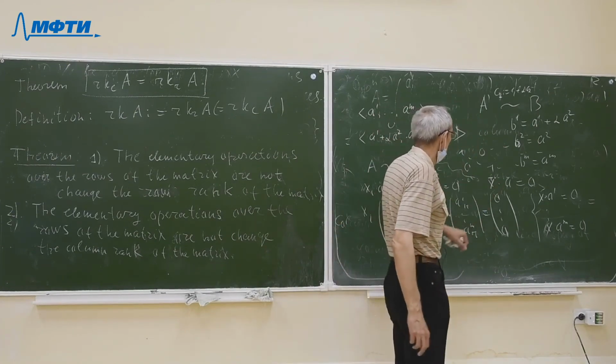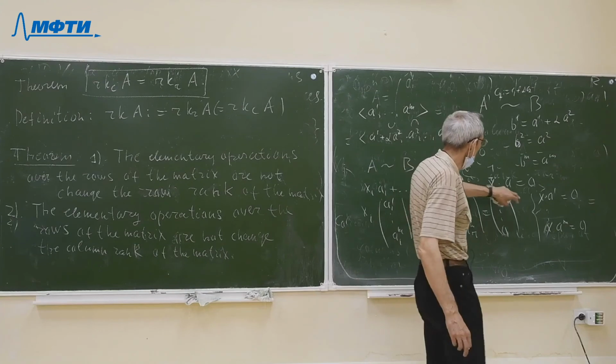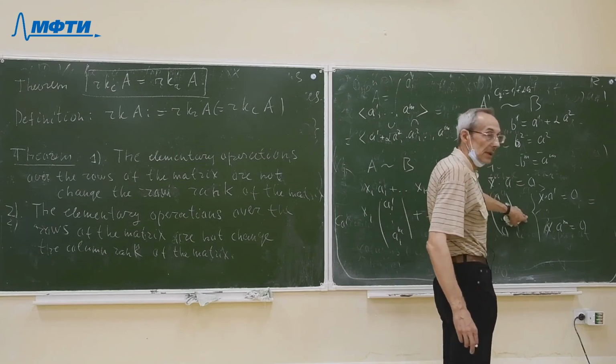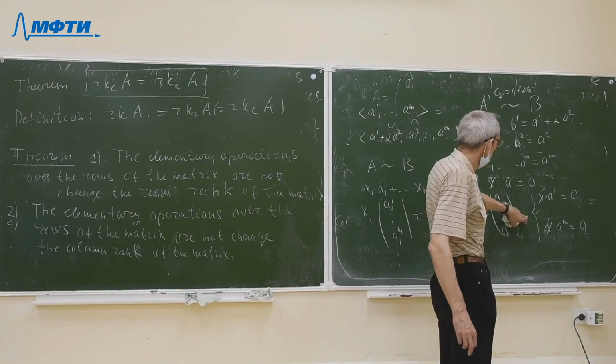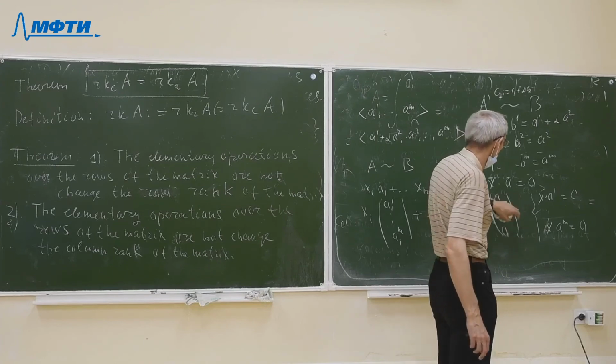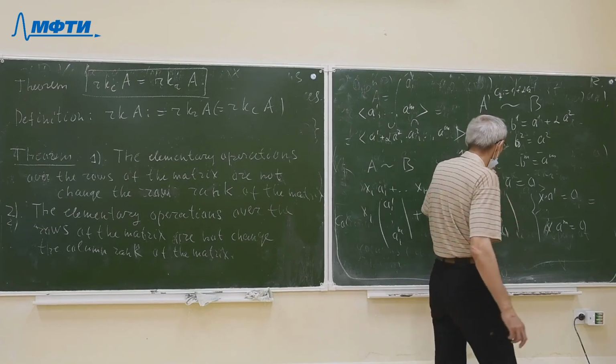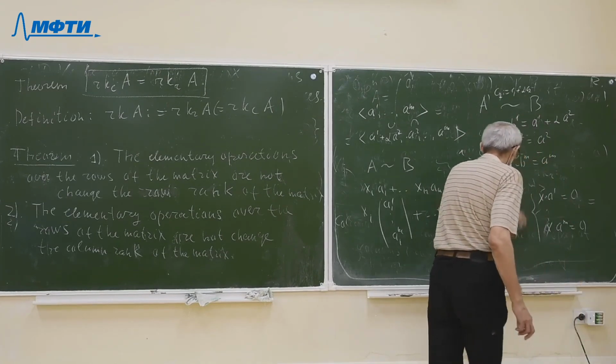It is easy to see that the systems of equations for matrix A and matrix B are equivalent.